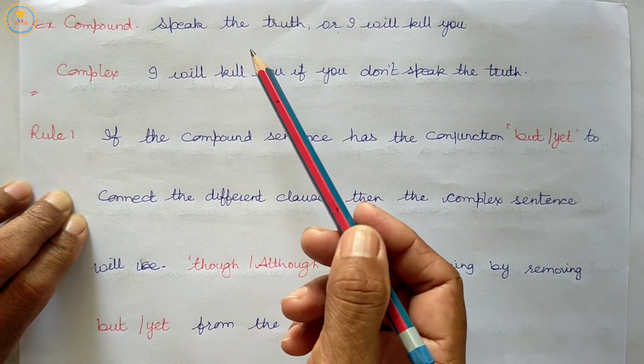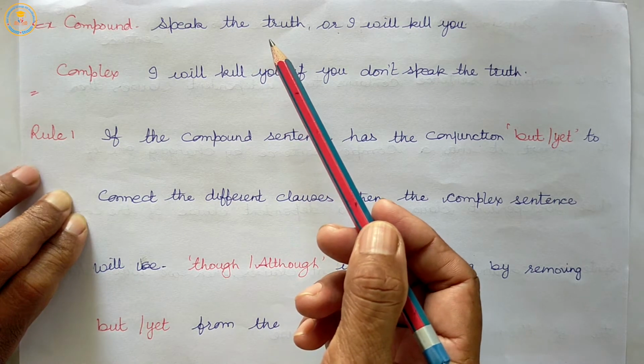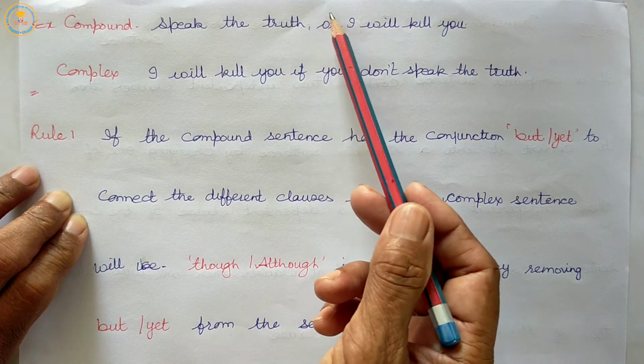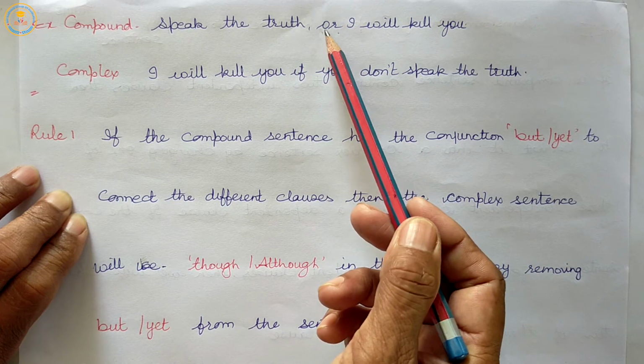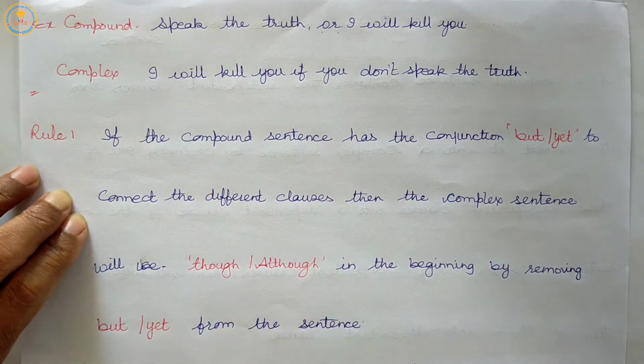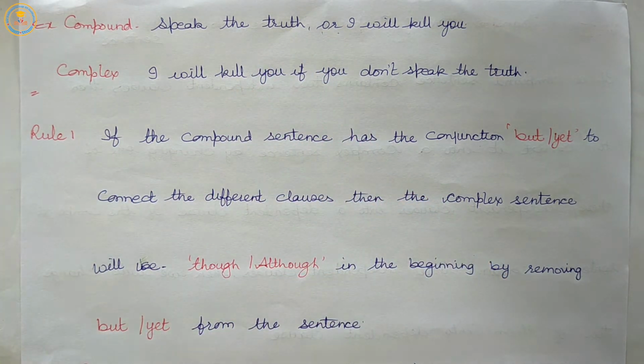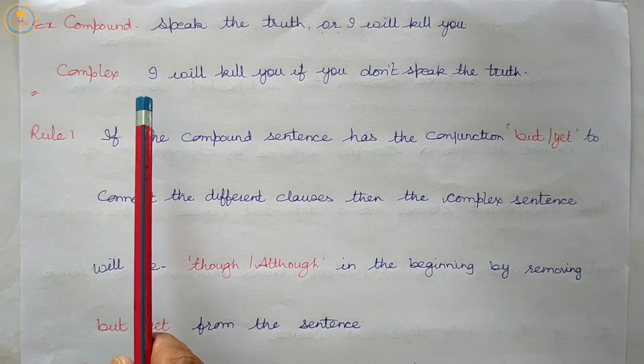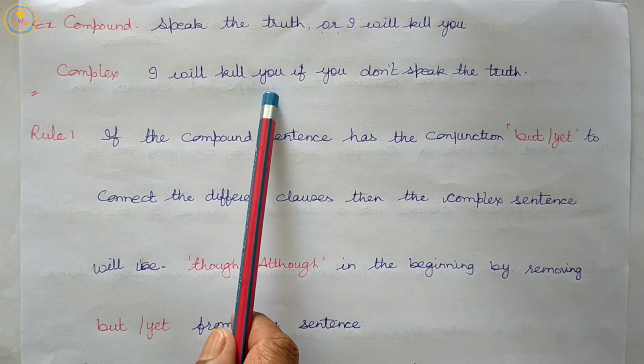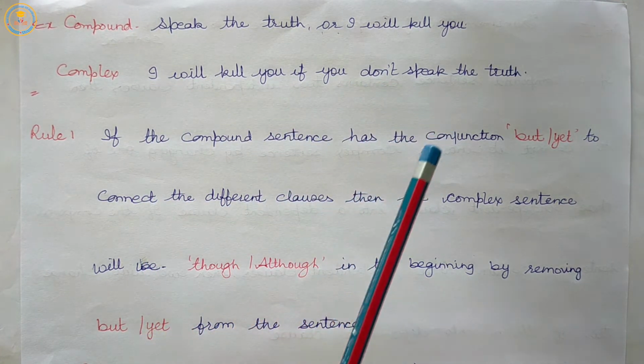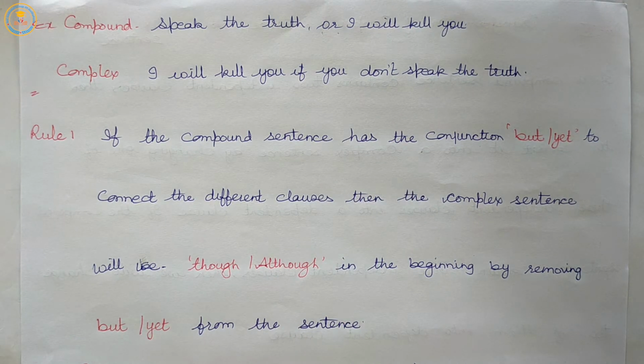We can change it into a complex sentence by converting one of the clauses into a dependent clause. So, the compound sentence is, speak the truth or I will kill you, and the complex sentence is, I will kill you if you don't speak the truth.